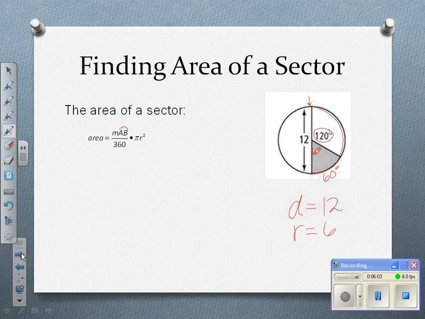So when I plug everything I know in, I'm going to get the measure of arc AB is 60 over 360 times 6 squared times pi. 60 over 360 reduces to 1/6 times 36 pi, and 1/6 of 36 is 6. So the area of that sector is 6 pi.